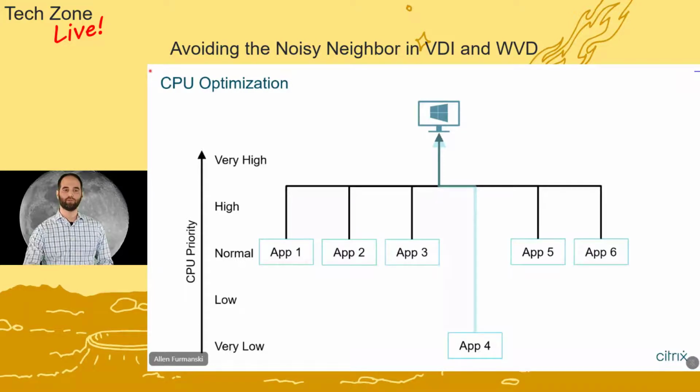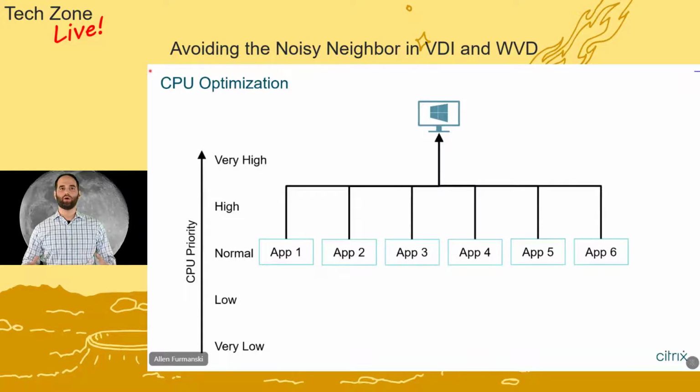No help desk calls. Now, once the application is in check and reduces its CPU consumption over a specified duration, that priority will go back to normal. And WEM takes care of all this for you automatically with a full paper trail of what's actually happening in the environment if you should need to go back and take a look.